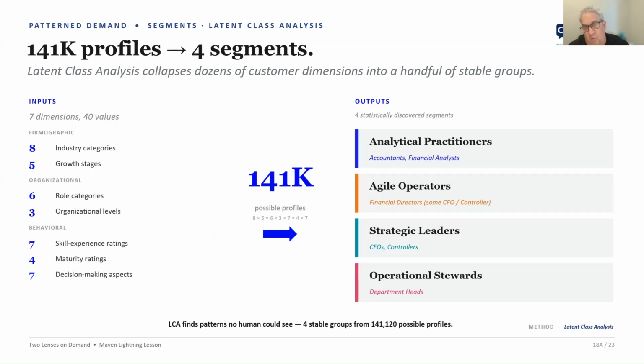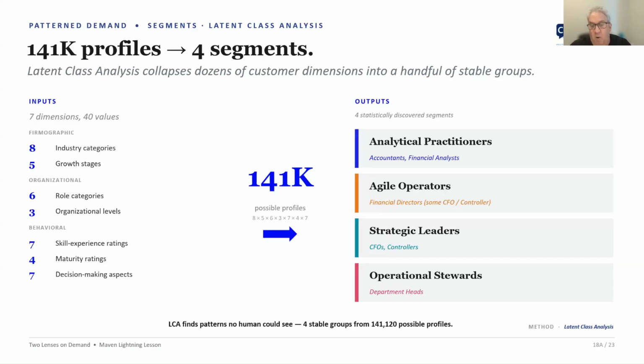And so when you think about when you run these types of surveys, you're issuing a survey, let's say in the case of RAMP, in today's world, they would be issuing a survey for 5,000 plus customers who might cross 8 different industry categories, might be across 5 growth stages, might be across 6 different roles, 3 different organization levels, 7 different experience ratings, 4 maturity ratings in terms of maturity of organization, 7 different decisioning aspects.